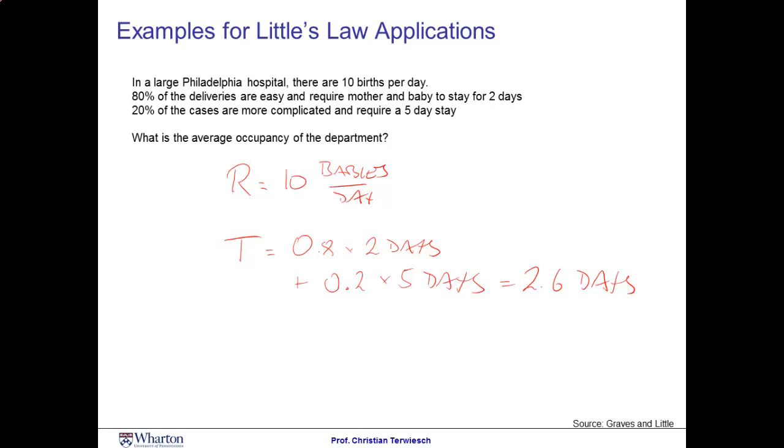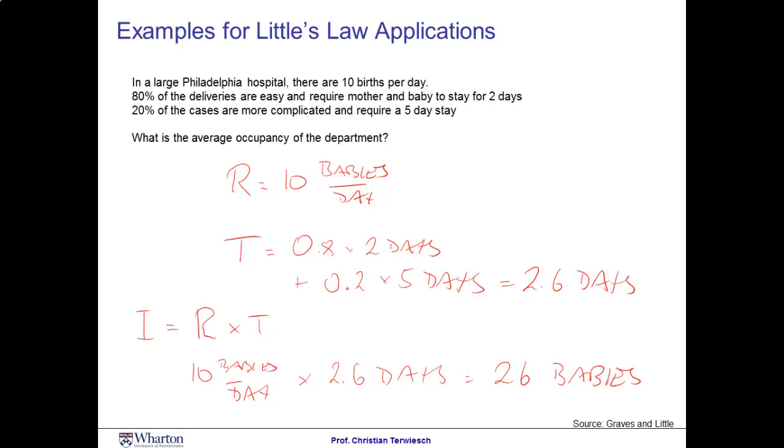To find the average occupancy, we compute by Little's Law the inventory in the process, that's the number of babies in the hospital, as the flow rate times the flow time. 10 babies a day times 2.6 days is equal to 26 babies.